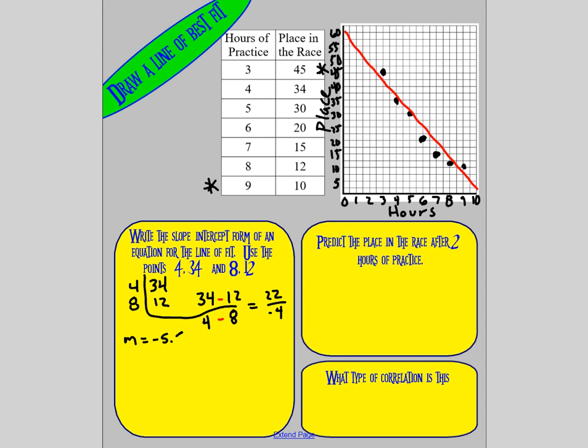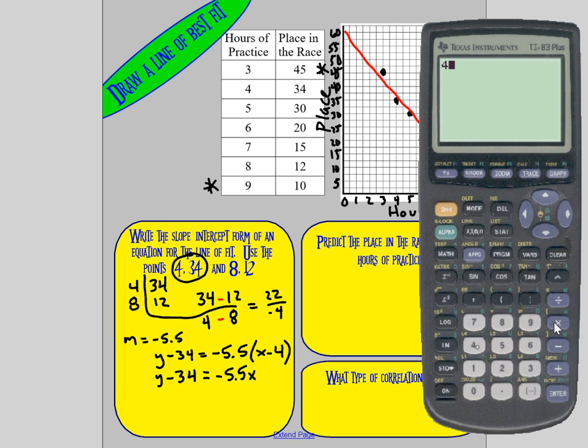So now I can put that into point-slope form. I'm going to use 4, 34 just because it really doesn't matter. It's your choice. So I say y minus 34 equals negative 5.5 times x minus 4. So y minus 34 equals negative 5.5x. 4 times negative 5.5 is going to be negative 22, so minus 22.